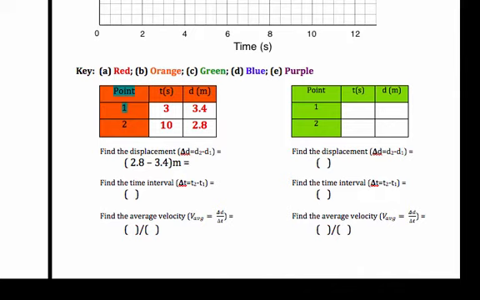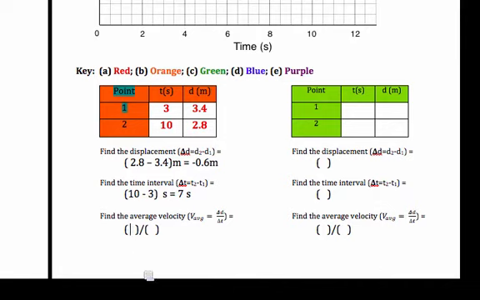And that equals minus 0.6 meters. The time interval is going to be 10 minus 3, in seconds, and that equals 7 seconds.